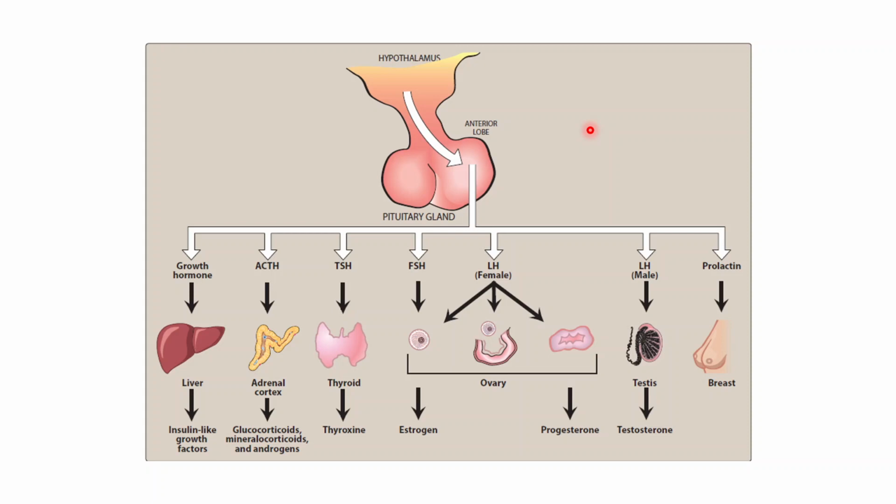So they are injected intramuscularly or subcutaneously over about 10 days, and that leads to follicle growth and maturation, and then they inject the human chorionic gonadotropin that promotes ovulation in women, and then the woman becomes fertile.